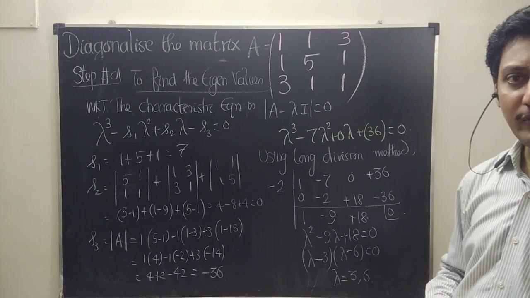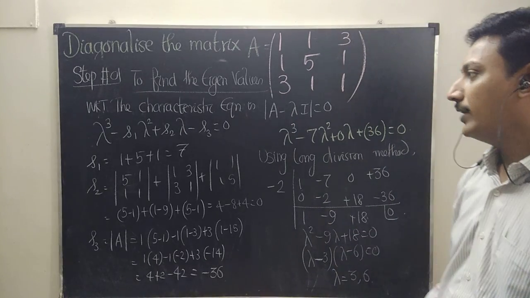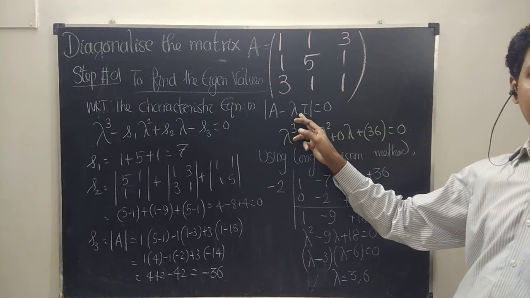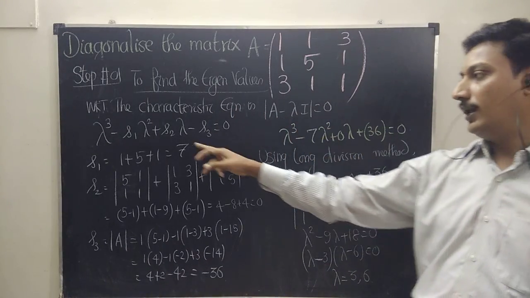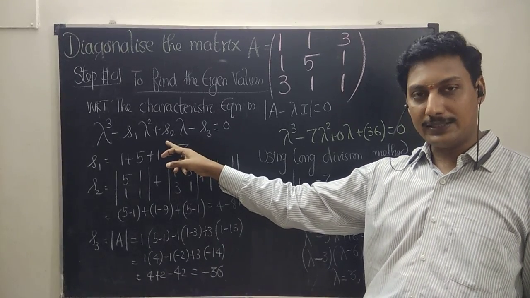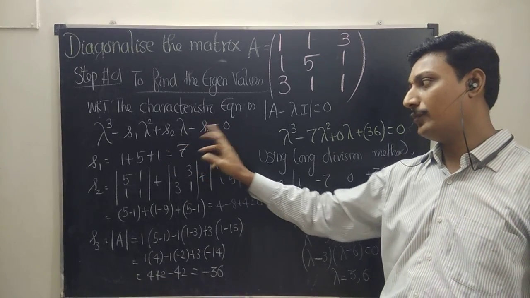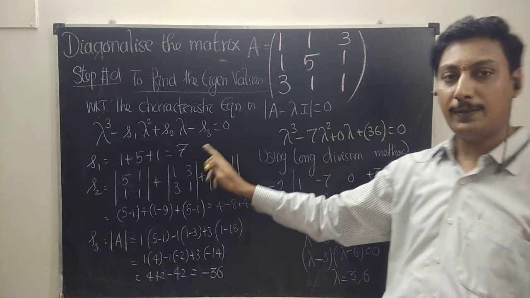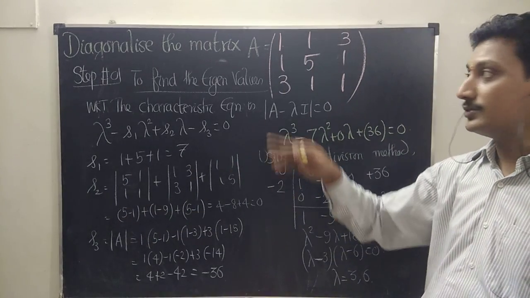The first step is to find the eigenvalues of A. As we know, the characteristic equation of A is determinant of A minus lambda I equal to 0. So lambda cube minus S1 lambda squared plus S2 lambda minus S3 equal to 0. What about S1? Sum of the leading diagonal: 1 plus 5 plus 1, 7. S2 is the sum of the minors through the leading diagonal.